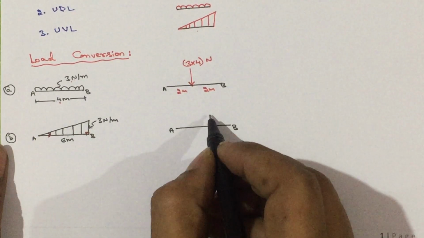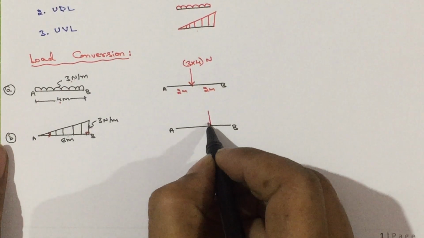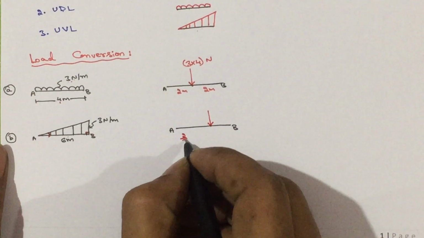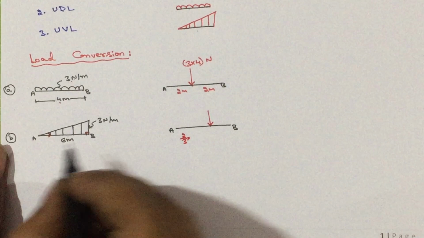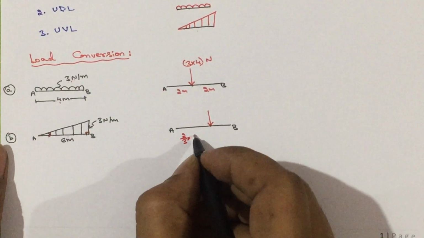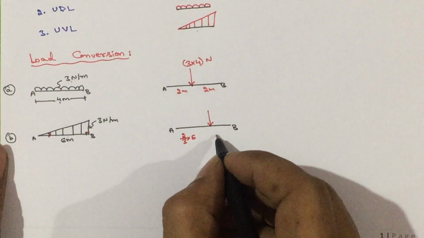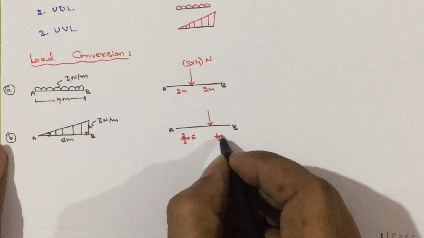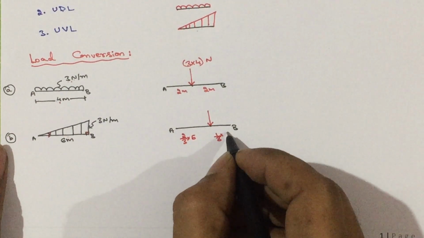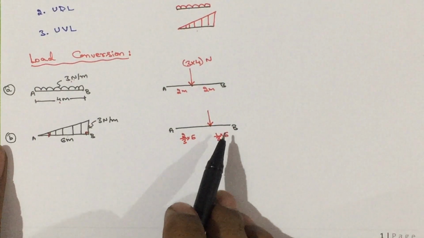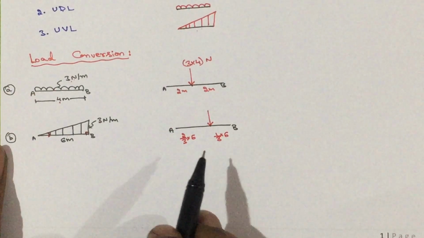From the acute angle, 2 by 3 multiplied by the distance, which is 6. Then from the right angle side it will act at a distance of 1/3 of the span, that is 1/3 of 6. So, you will come to know where it will act. From the right angle 1 by 3, from the acute angle 2 by 3.